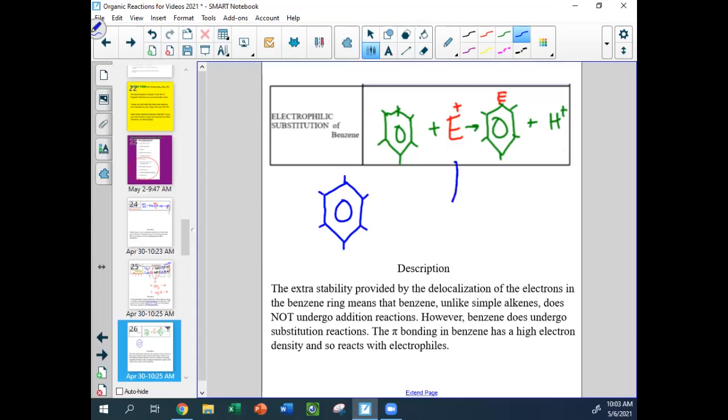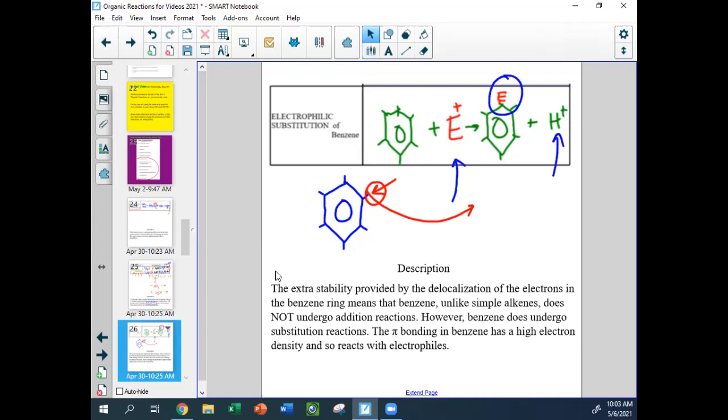This is where an electron-loving species, so it's called an electrophilic substitution, takes one of the participants of this benzene off, whatever it is, it comes off, and the electrophile goes on. So you see that the electrophile is added to the benzene ring, taking a hydrogen off. It's called electrophilic substitution. There's not a lot more you need to know about it, but do read the description, please.